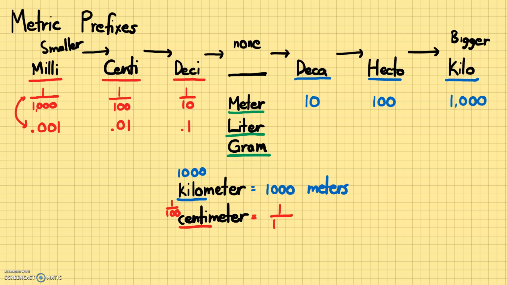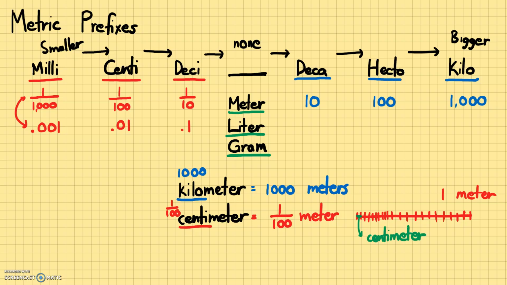So this actually means 1 over 100 meter, which means if I cut up 1 meter into 100 parts, so let's say that this is 1 meter. If I cut this up into 100 parts, so that's into 2, that's into 4, that's into 8. I'll have to do this for a while to cut into 100 parts. I'll have to keep dividing like this. Then one of those parts is going to be centimeter.